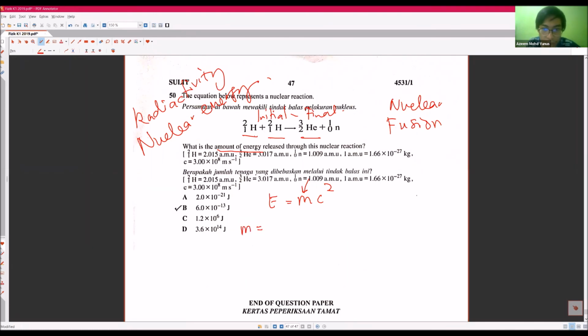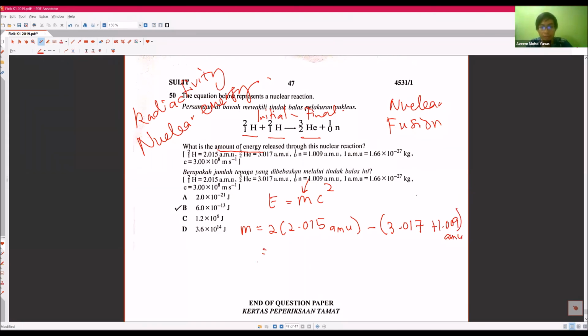So hydrogen 2.015 AMU, atomic mass unit, minus helium 3.017 plus 1 neutron 1.009 AMU. So what is that?